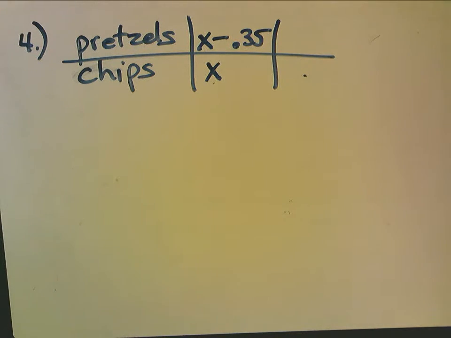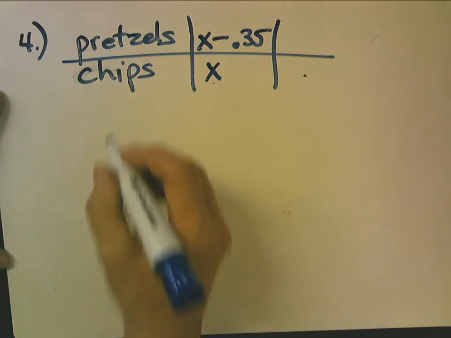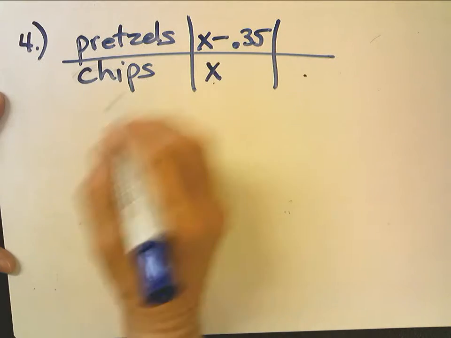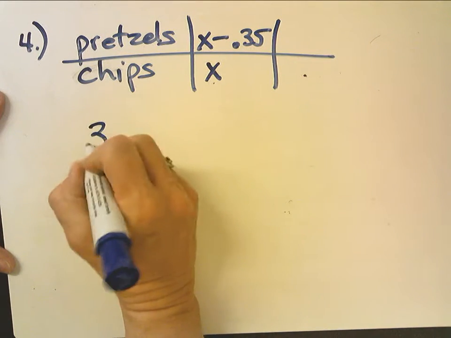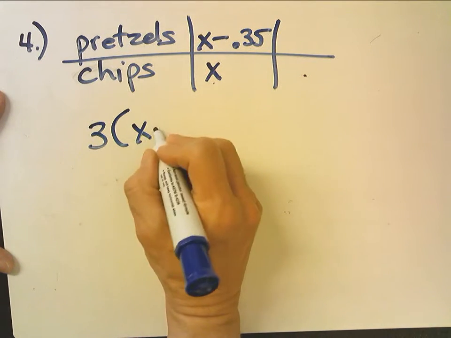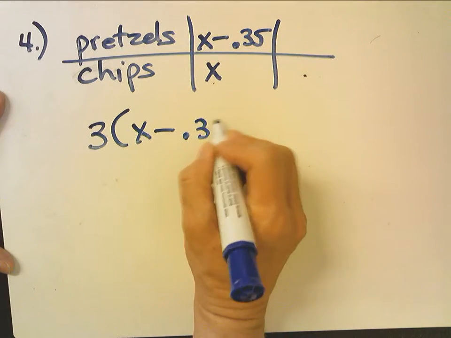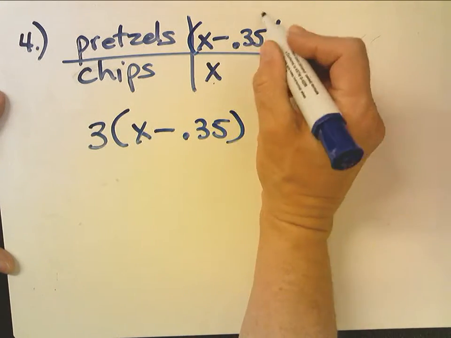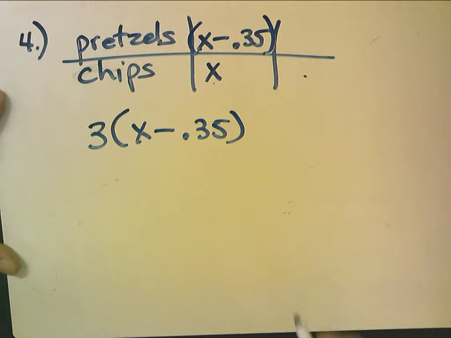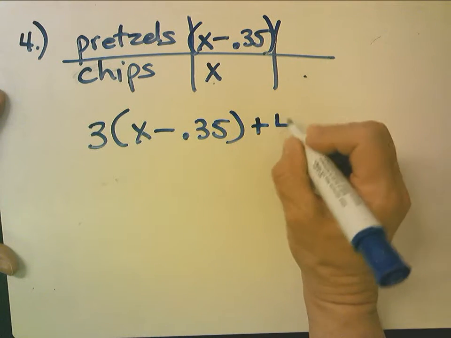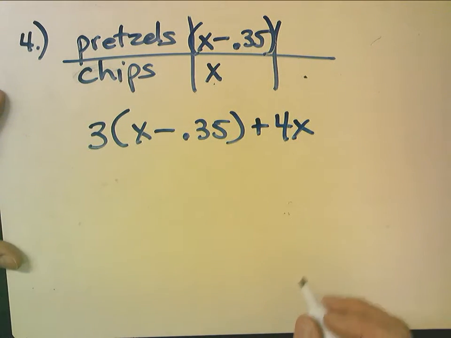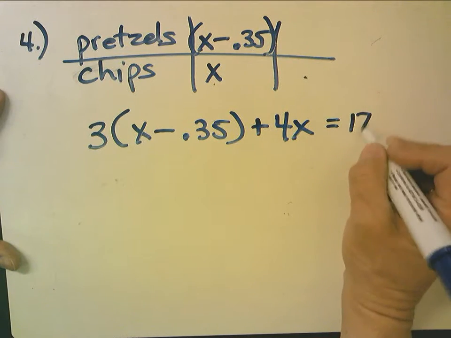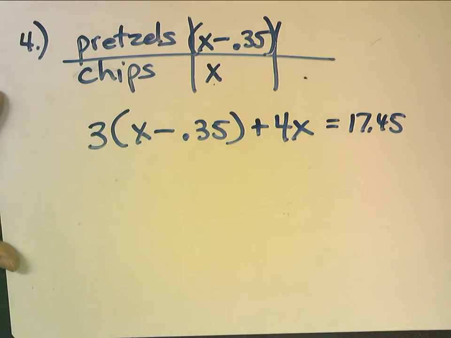Now you buy 3 bags of pretzels. If one bag is x minus 35 cents, 3 bags would be 3 times x minus 35. Remember, if it's an expression, you have to use parentheses. 4 bags of chips would just be 4 times x. And the total cost was $17.45.